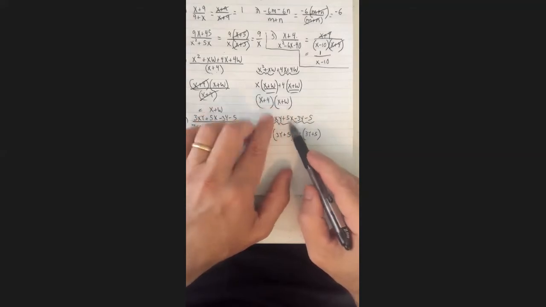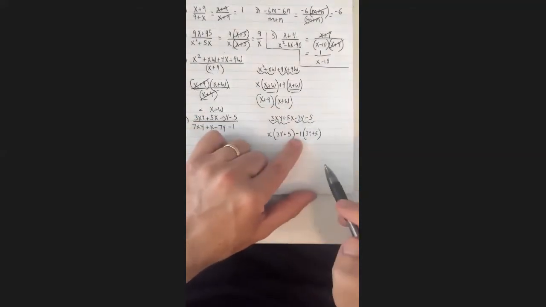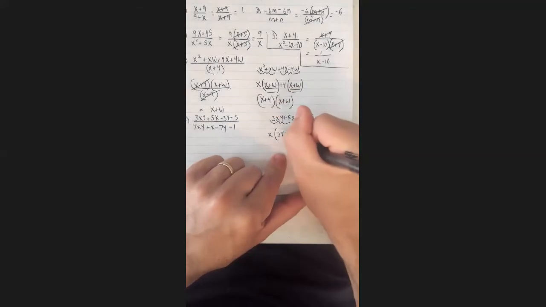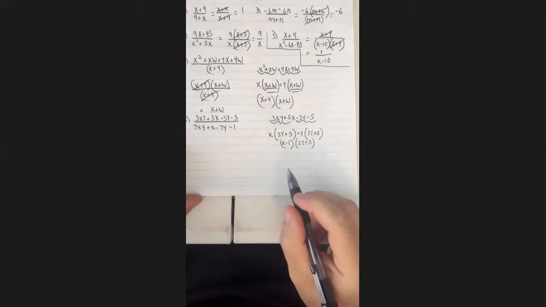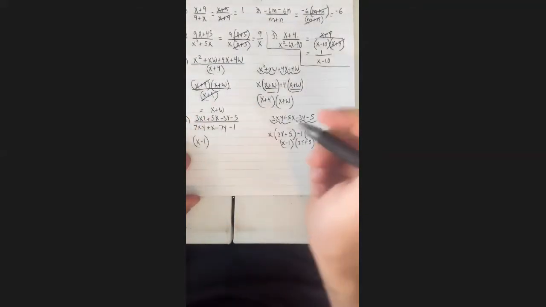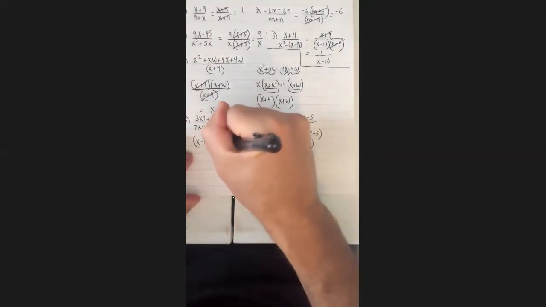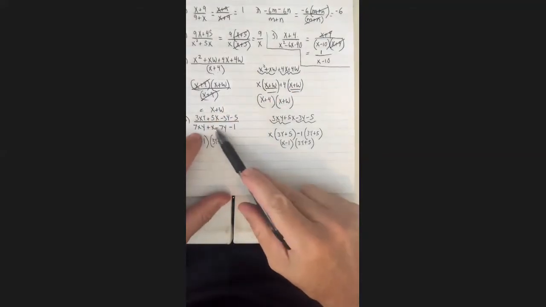But since that was negative, between that second and third sign, I always have to factor out a negative value. So this gives me x minus 1, 3y plus 5. That's what I'm going to replace my numerator with, x minus 1, 3y plus 5.